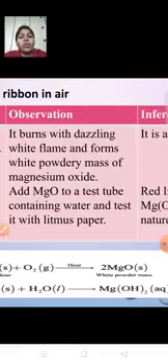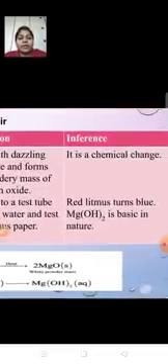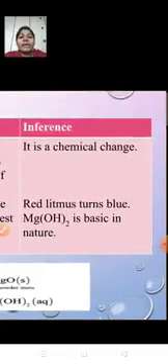And then what we will do? We will bring litmus paper. So what happens? When we dip blue litmus paper in this magnesium oxide and water solution, there is no change. But when we dip red color litmus paper, you can see that the red litmus turns blue.